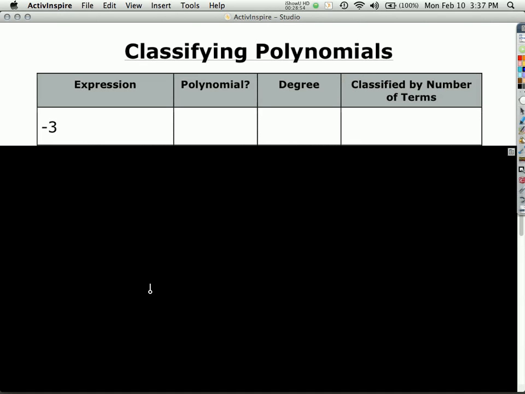So the first expression we're going to explore is just -3. That's it. And the question is, is it a polynomial? Yes, it is, because it could be written in the form -3x to the 0 power. And so that makes it a polynomial. What is its degree? Well, again, the degree of the polynomial is its largest exponent.